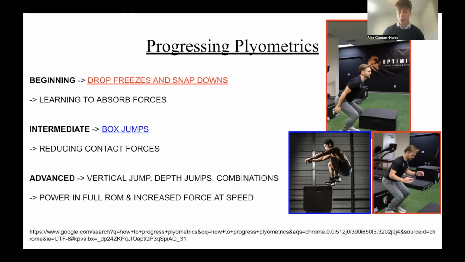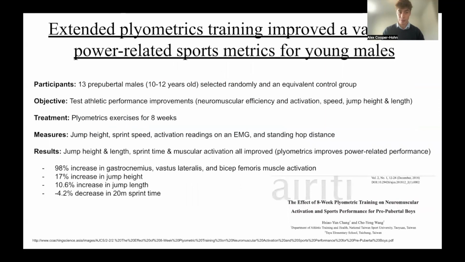You can see that in red, where you're just learning to absorb forces on the ground. Intermediate would be jumping onto boxes, because you're still not having full shock absorption and risk of injury by jumping onto the box. And then the advanced is, can you do depth jumps, combinations of single leg and balance, and increasing power in the full range of motion at full speed.